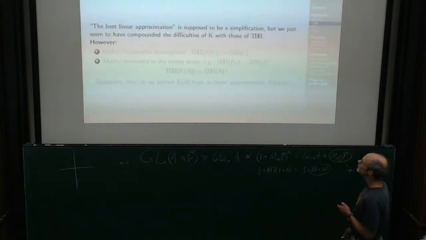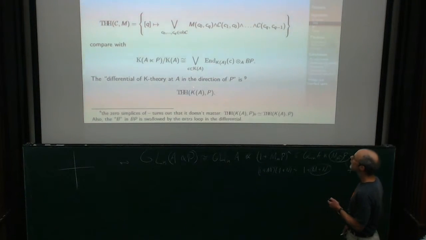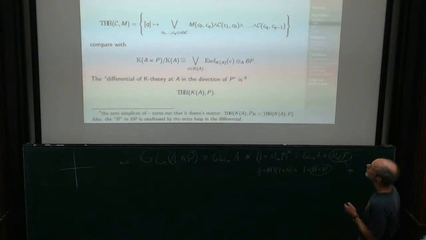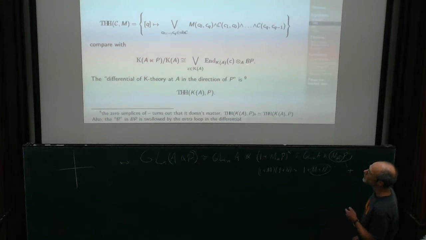Okay, so this thing here was supposed to be a spectrum. This thing here is just an abelian group. And so what you would like to do is take the Eilenberg-MacLane spectrum associated with this simplicial abelian group.